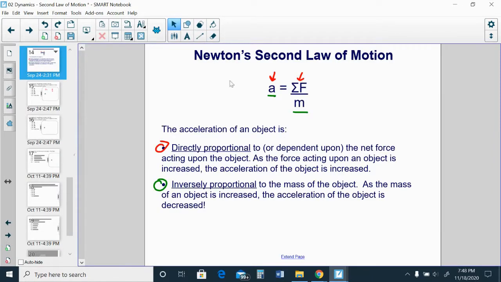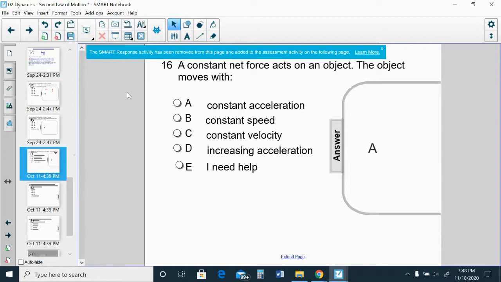Also recall that acceleration and net force are directly proportional to each other. So if there is a constant net force acting on the object, then there is also a constant acceleration happening. So constant acceleration, or A, is the correct answer.